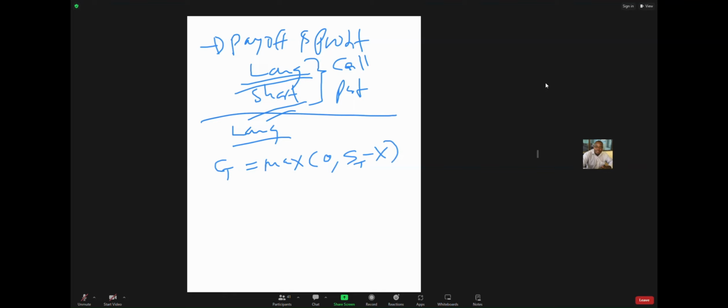And profit on this call is the value at expiration, which is CT or payoff, minus the value at the onset. This is actually the premium you pay to obtain the right. So you pay a premium, which is the value of the call at time 0, or at the onset.